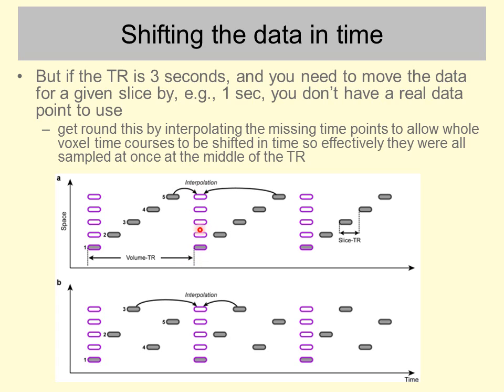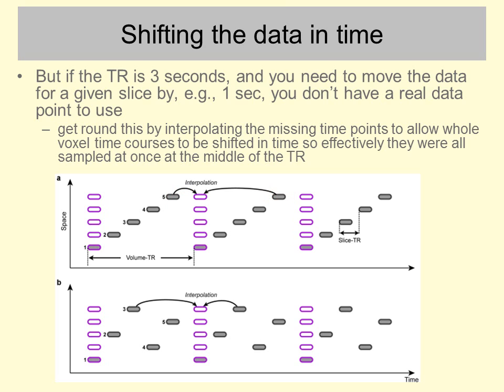If it so happens that a slice was acquired at the midpoint of the TR, then no interpolation is required. If it was acquired here, you've got this small interpolation to make. If it was acquired here, you've got a bigger interpolation to make.